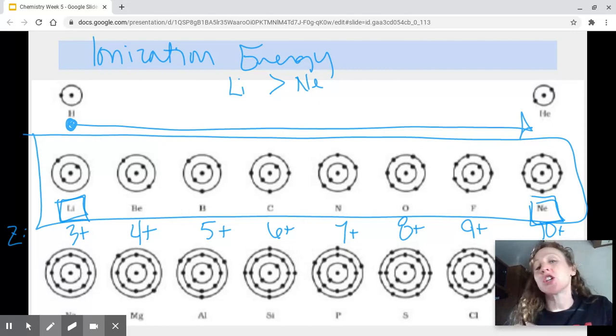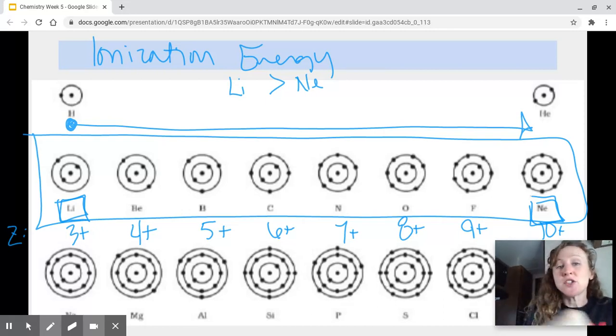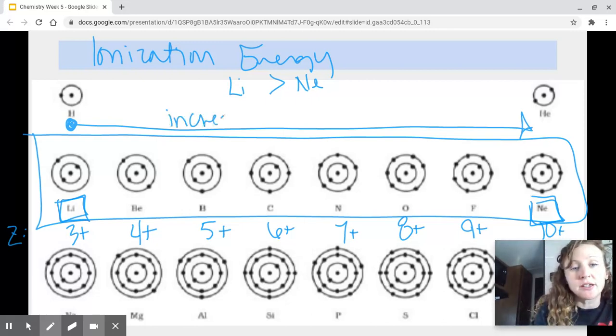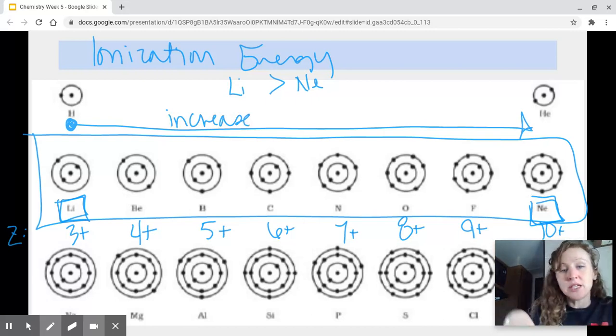The nuclear charge more than triples within this row. And so as the Z effective, or as the nuclear charge is getting stronger and stronger, we're going to need more and more energy to remove that electron. So ionization energy, or the energy required to remove an electron, is going to increase from lithium to neon.